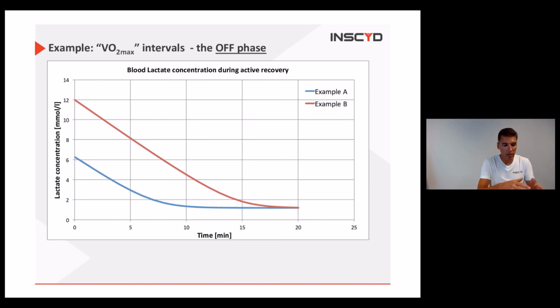You can see this here for example A and example B. I chose 1.5 resting millimoles. This is why it's not 4.8 but a little bit above 6, and why it's not 10.5 but 12 at time 0. You can see that it's almost linear in the beginning. And once you get to the ballpark of approximately 3 millimoles, some athletes more like 3.5, and some athletes more like 2.5, whatever.